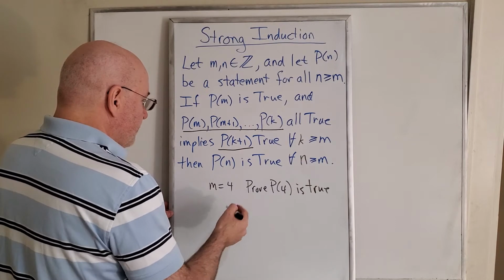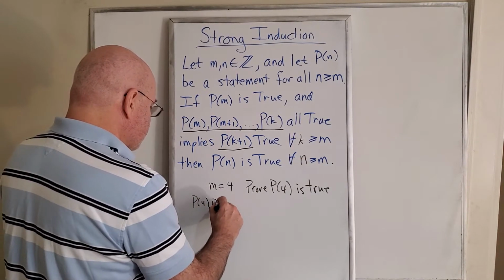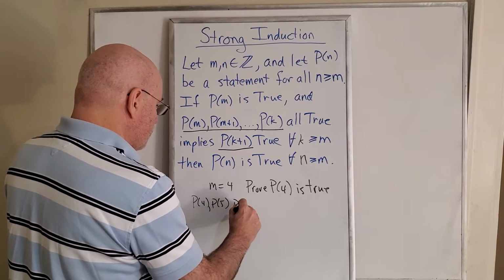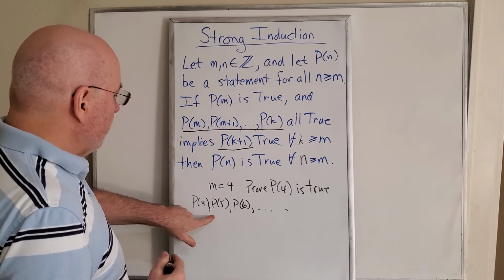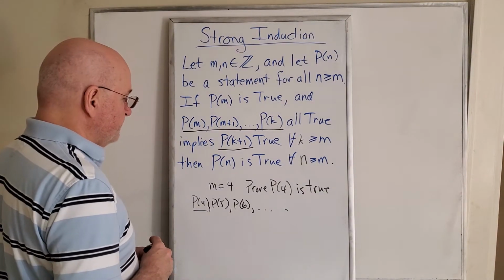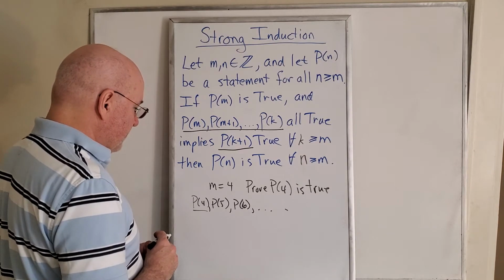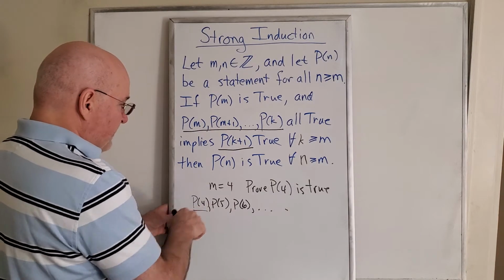So if M is 4, then what we have is a bunch of statements like this. Our base case would be, well, we'll see in a minute when we do an example. But what we need to prove, we for sure have to prove this as a base case.